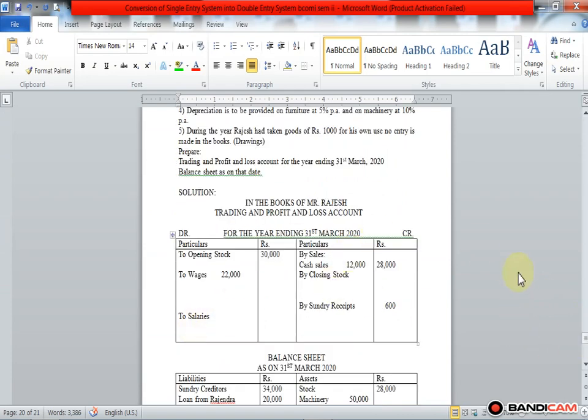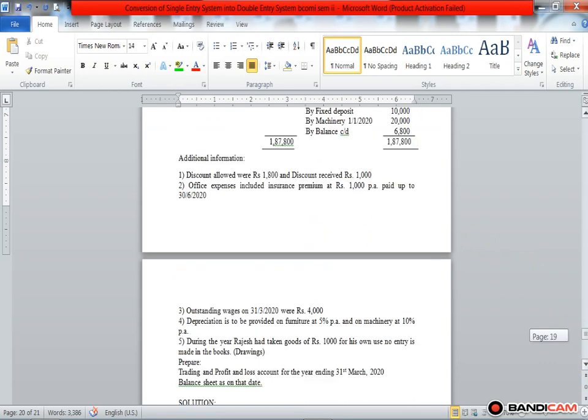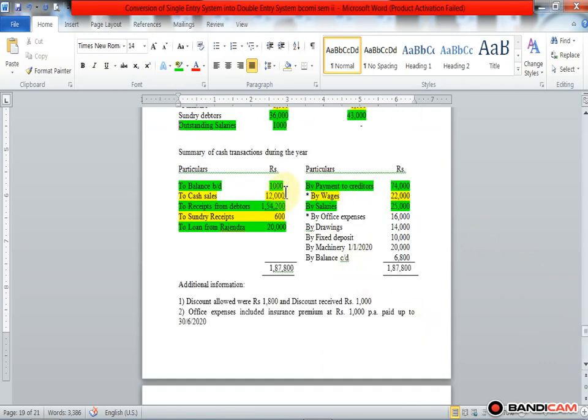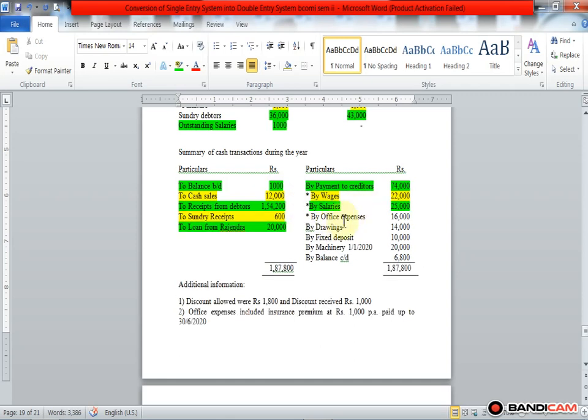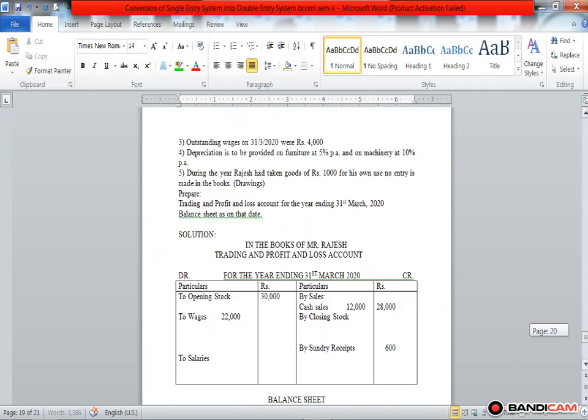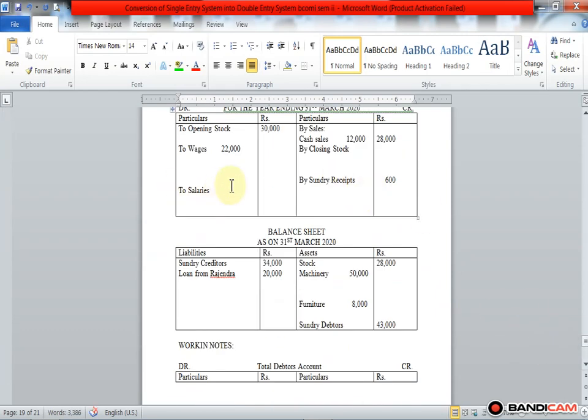So here the adjustment is also on salary, salaries, that is outstanding salary. So here write down in inner column 25,000. Okay, write down amount in inner column, that is salary 25,000.